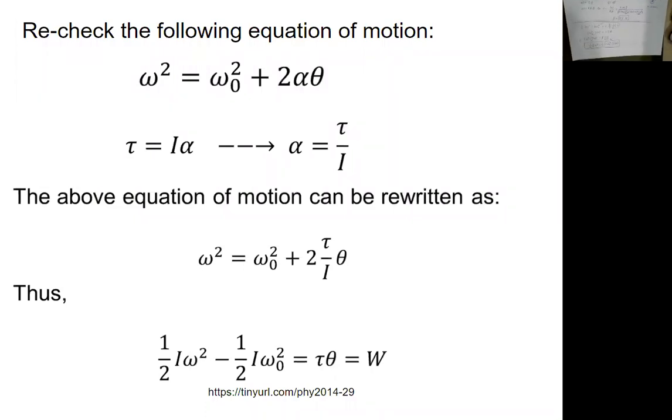Now remember, in linear motion, we had 1/2 mv squared minus 1/2 mv0 squared equals work. So these two are very similar to each other.